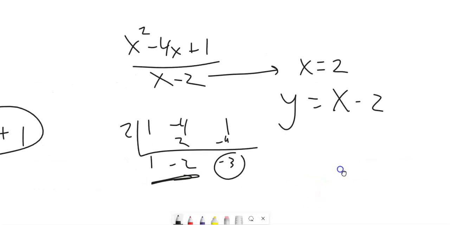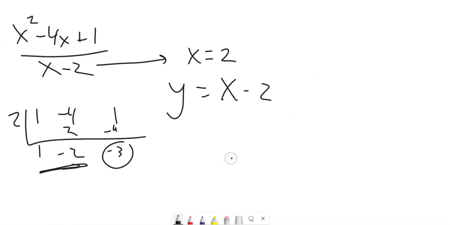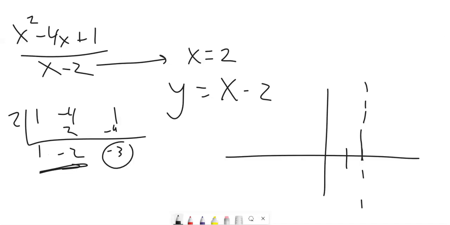Well, let's sketch from here. I'm going to have an asymptote here. And then if I graph the line y equals x minus 2, slope of 1, but it goes through negative 2, so there's my slant asymptote right here.